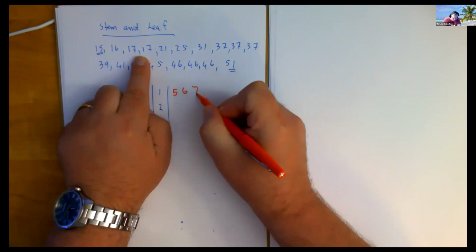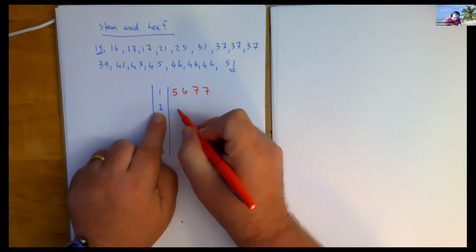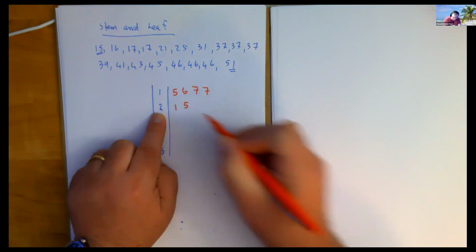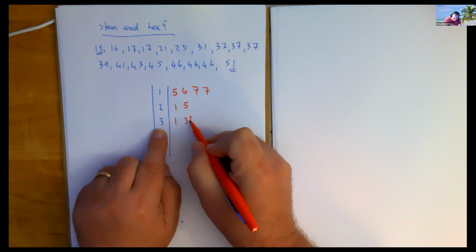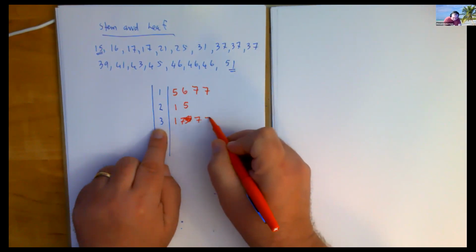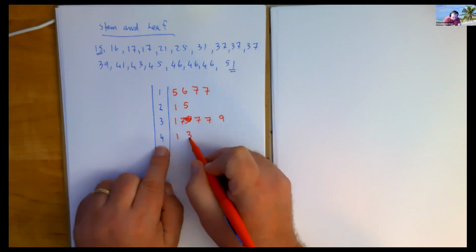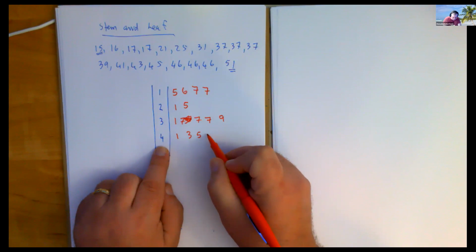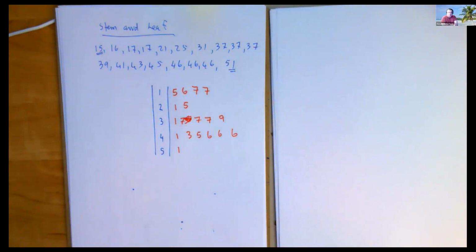There are 2 17s, you put 2 7s. Next number is 21, 25. The next number is 31. Oops. 31, 37, 37, 37, 39, 41, 43, 45, 46, 46, 46, and finally 51.